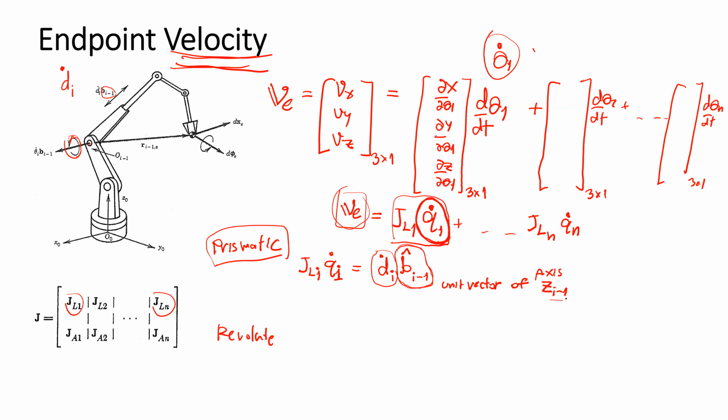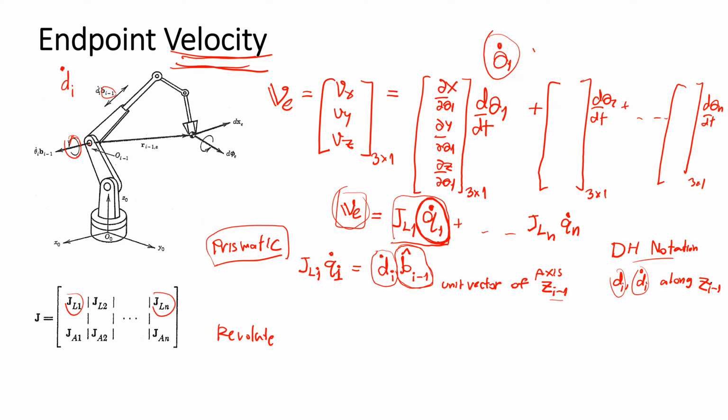If you remember from our Denavit-Hartenberg notation, di and velocity di dot is the offset, and the offset velocity along the axis z i minus 1.